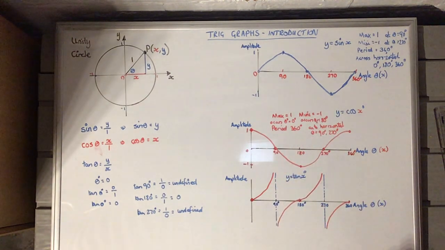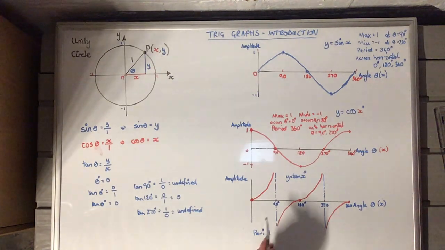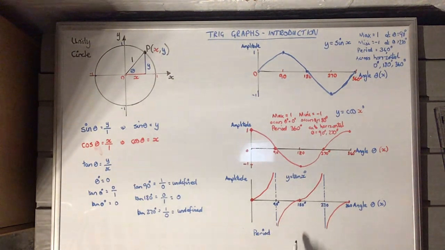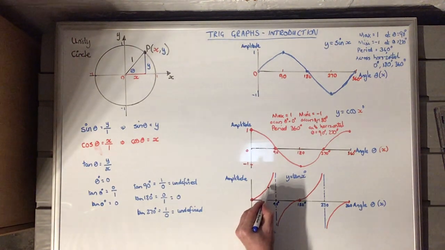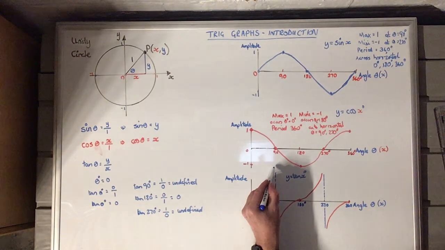Now, the period is defined as the time taken to repeat itself, or how long it takes for one wave. Well, hopefully you've noticed this. If I start here at 0, the period of a wave will be the next time that the tan function is 0. So it shoots off to infinity as it approaches 90 degrees.